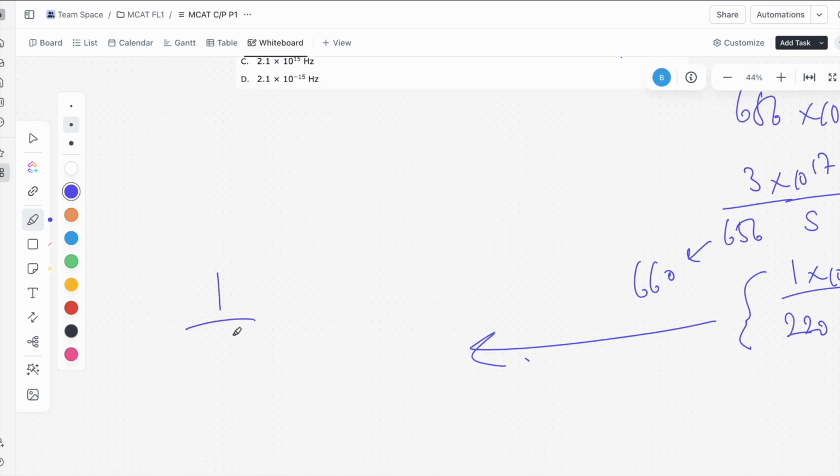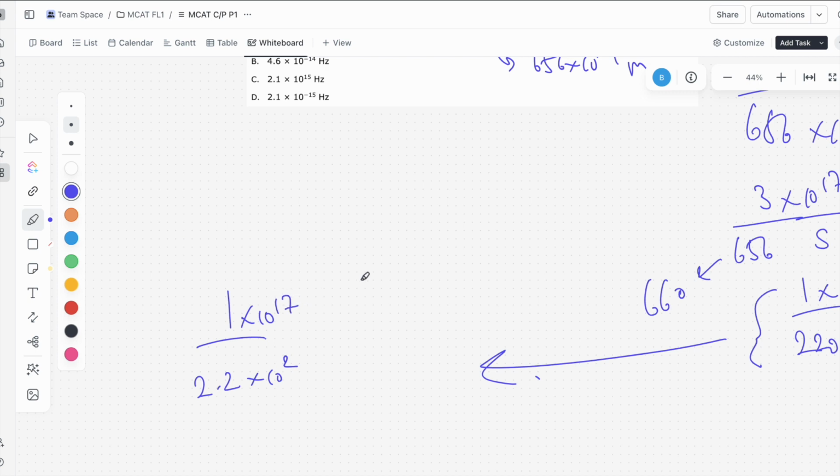That's essentially 1 over 2.2 times 10 to the second times 10 to the 17th per second equals the frequency. And so 1 over 2.2, that's going to be around 0.5. And then 10 to the 17th divided by 10 to the second, that's going to be times 10 to the 15th per second.